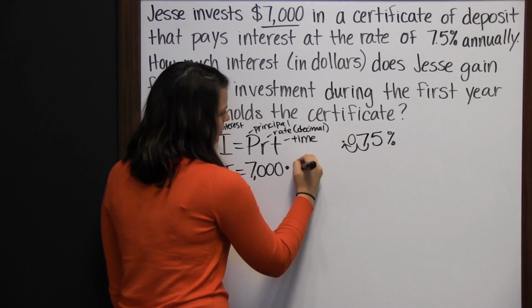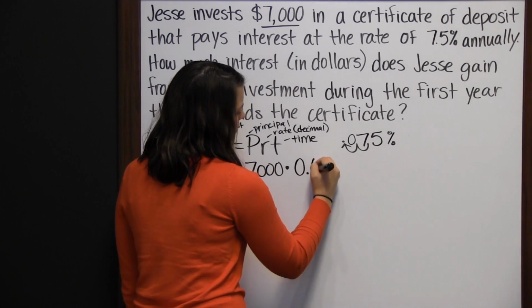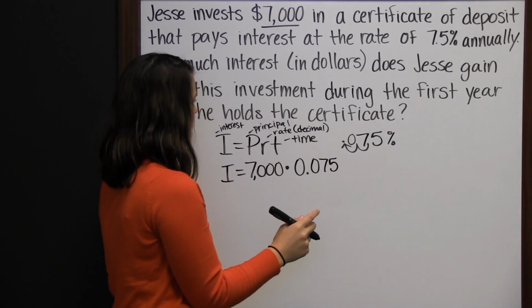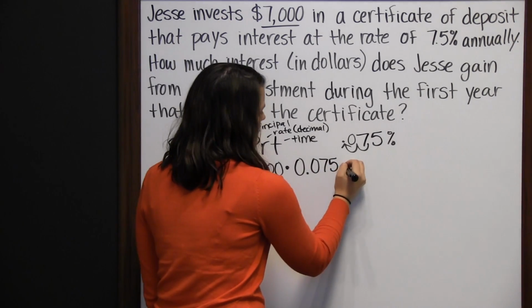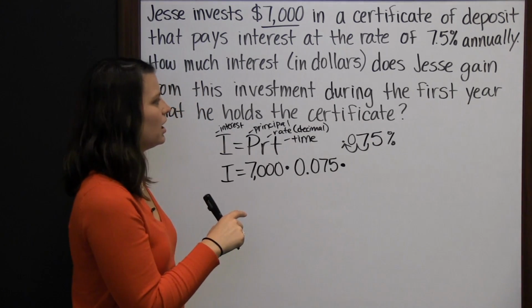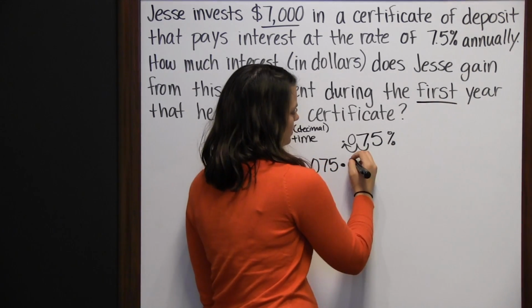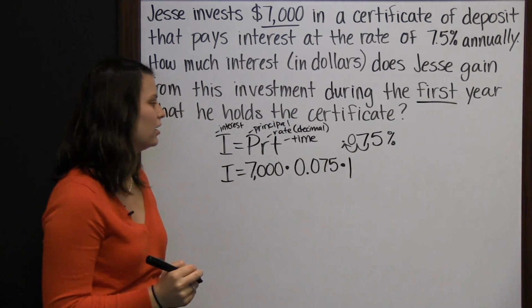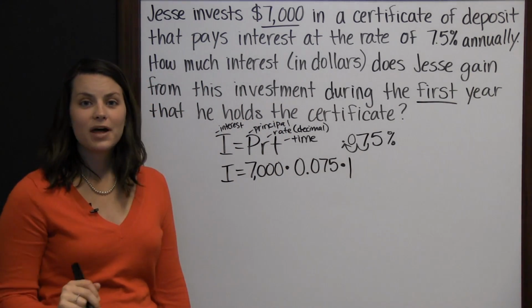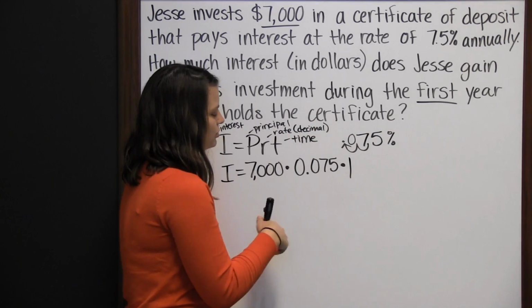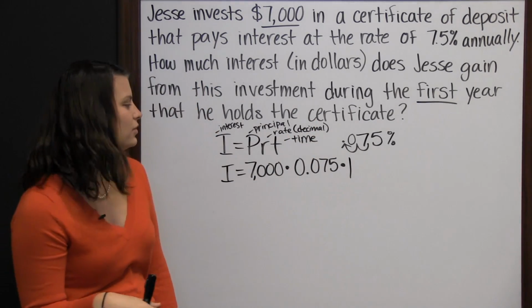So you add that 0, so it's 75 thousandths, and then times the year, or the time, and we're just trying to find out about the first year. So that means it's been in there for 1 year, and then we just need to multiply those things together. So 1 times anything is just that, so I can really kind of ignore that.